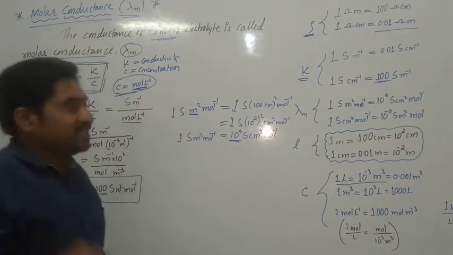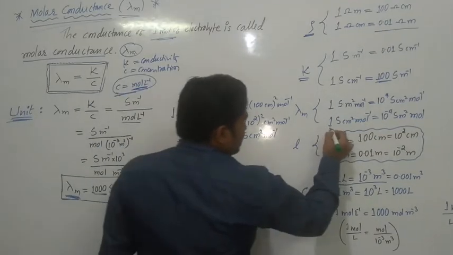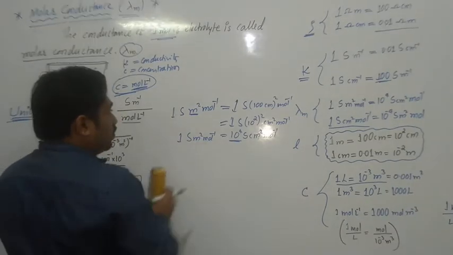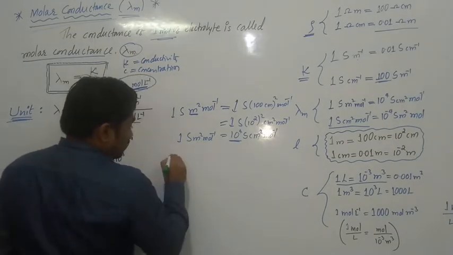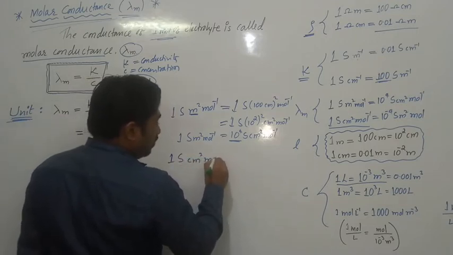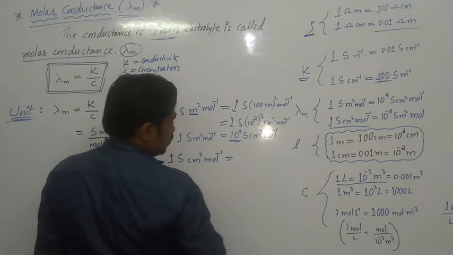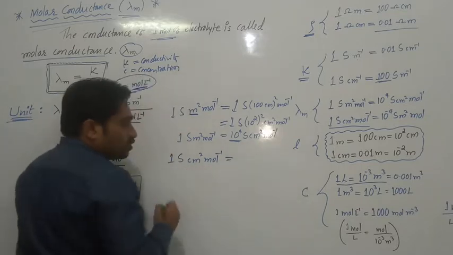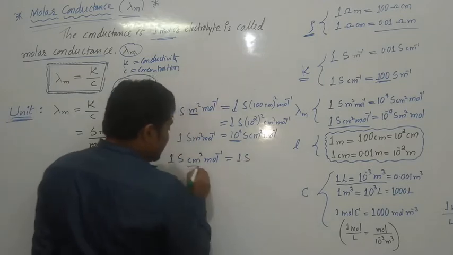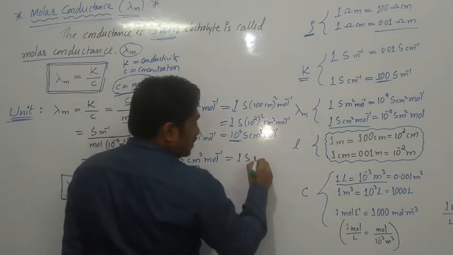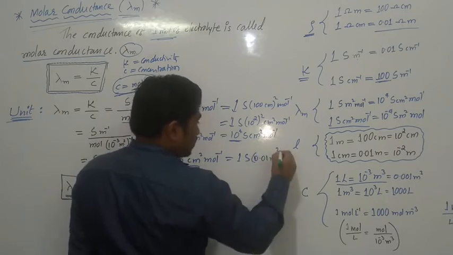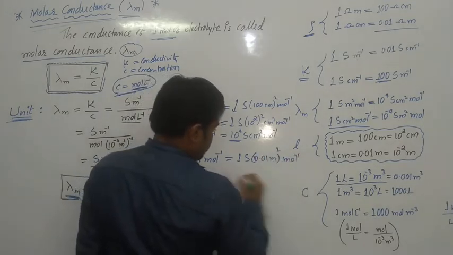Next, 1 Siemens centimeter square per mole is equal to how much Siemens meter square per mole? 1 centimeter is equal to how many meters? 1 centimeter is equal to 0.01 meter, square per mole.